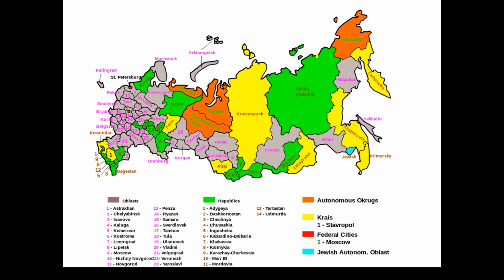Russia, for example, breaks it up into what they call okrugs or oblasts. That's their term for provinces. There is quite an assortment of break up into provinces in Russia that you can go through and look through. And some of them you may have never even heard of.